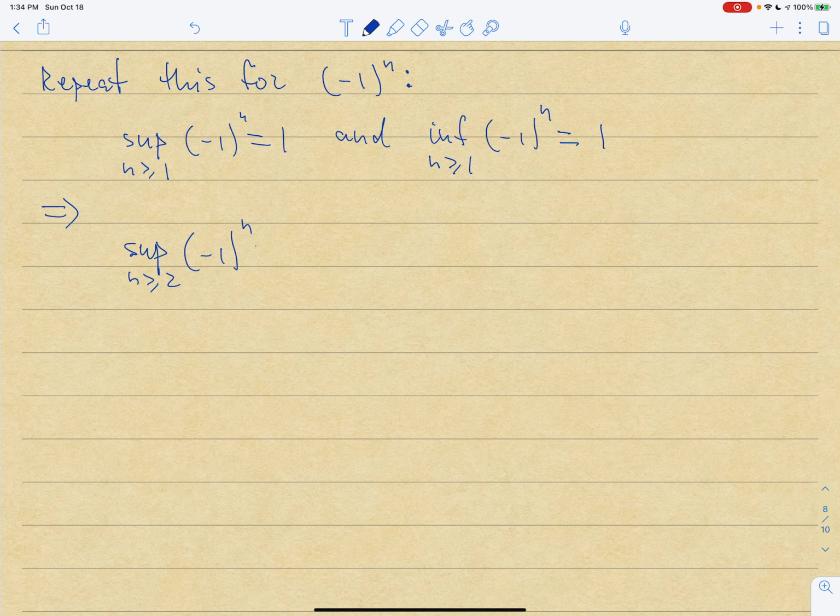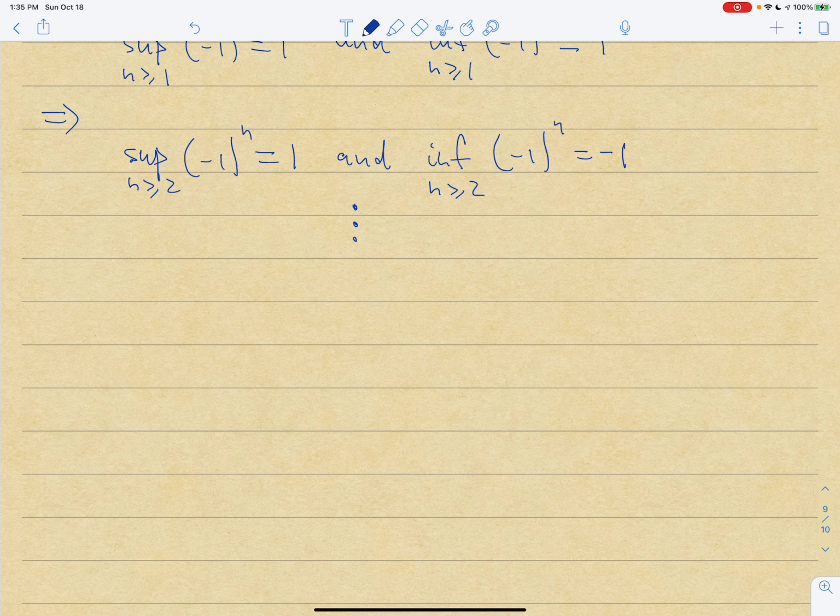Because the largest element is still 1, and the smallest element is still going to be minus 1. I can keep going like this. I can keep chopping off the elements from the front of my sequence and continue taking suprema and infima.